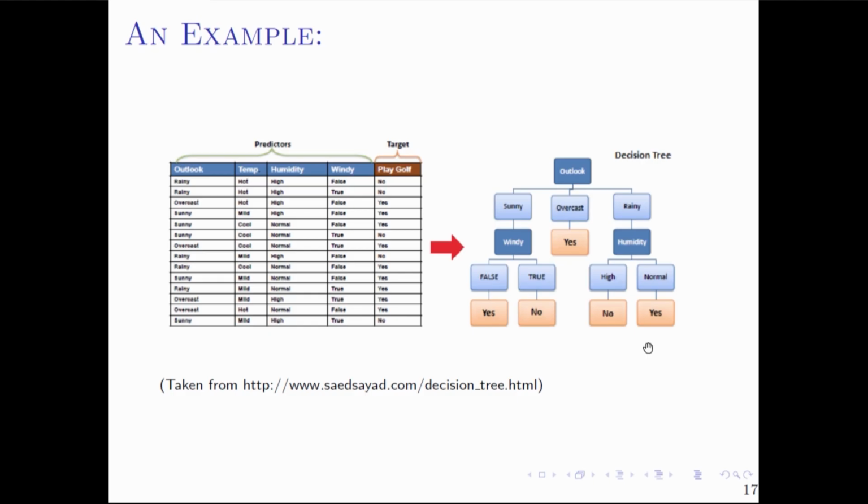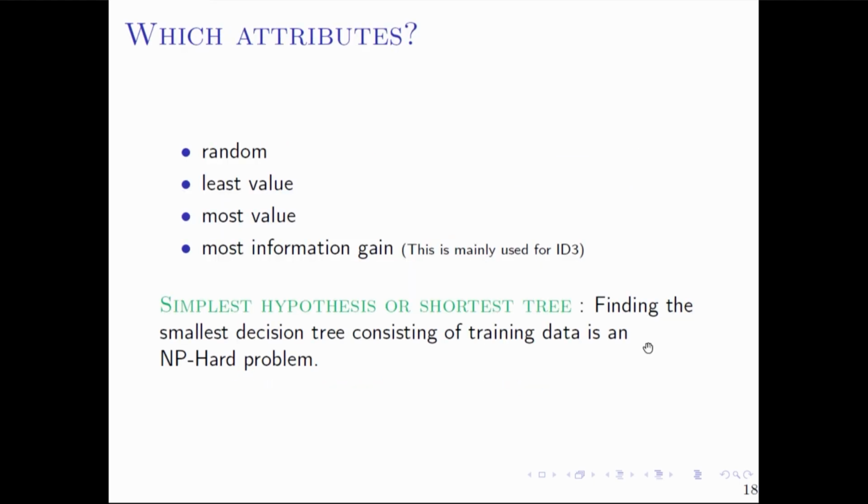All are categorical features, and they can have only a few values. The target is whether people will play golf or not. Now let's see how to make this decision tree. One very crude criterion is that you take a random feature and break it. That you can do.